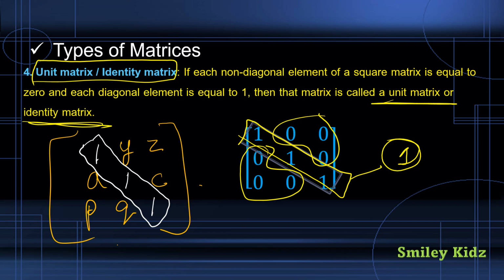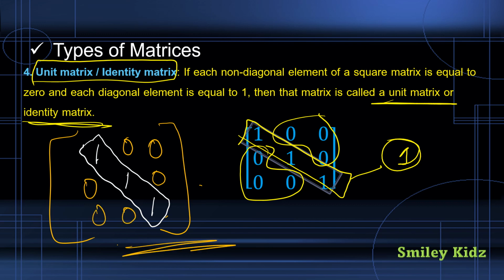That is the first condition. And the second condition is that all the other non-diagonal elements must be equal to 0. I'm erasing every non-diagonal element and equating that to 0. So such a matrix is known as a unit matrix.